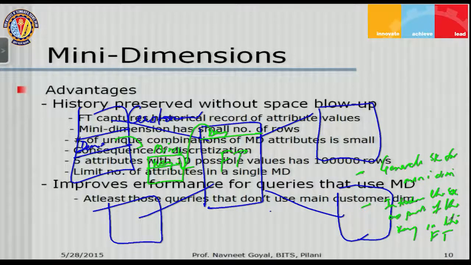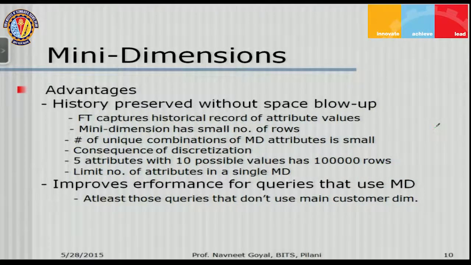Now the advantages of having a mini dimension. History is preserved without space blow up. The fact table captures the historical record of attribute values. The mini dimension has a small number of rows. The number of unique combinations of mini dimension attributes is small, which is a result of the discretization that we have done, and I have already explained this part earlier in the slide.